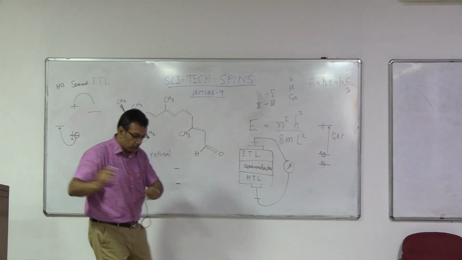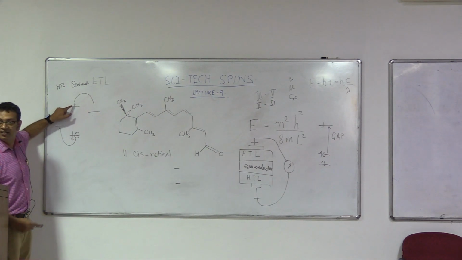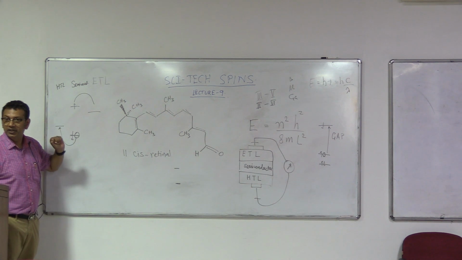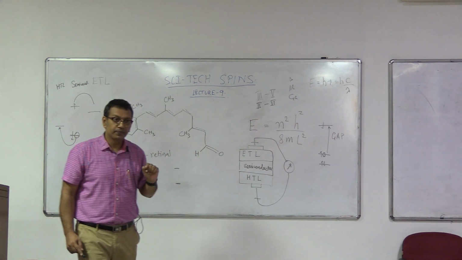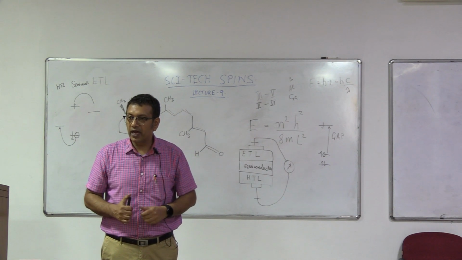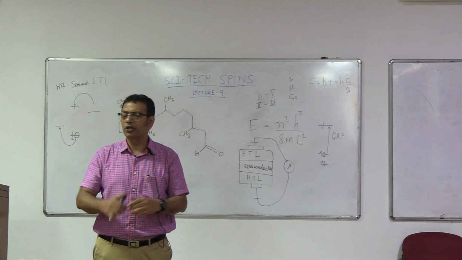Okay, before I go into that, once this fellow goes up, it doesn't stay here forever. It has a lifetime. And these lifetimes could be on the order of nanoseconds to microseconds to milliseconds, depending on what your material is.